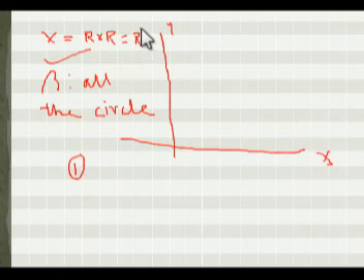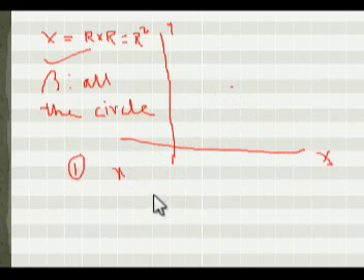If we take any point in this Cartesian plane, here I am taking a point in the first quadrant, but x can be in any quadrant.